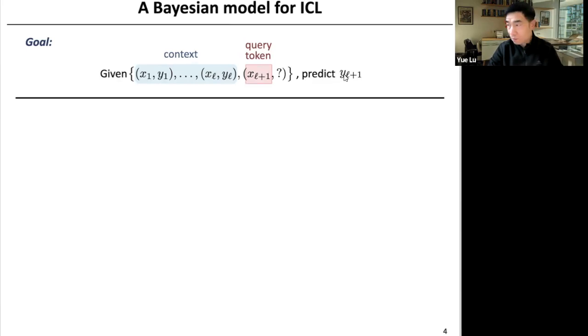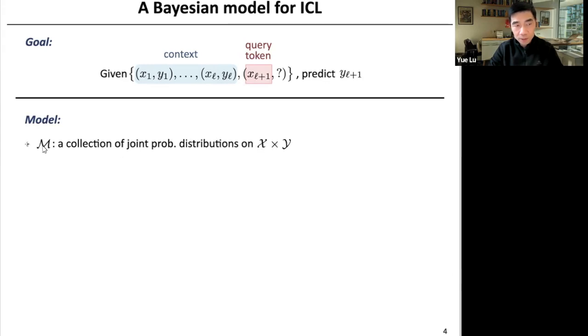Okay, and the statistical model that we assume is the following. We assume that the xi, yi, the input and output pairs, are sampled from a joint probability distribution on a space of input and output, x cross y. But we do not consider only a single joint probability distribution. We assume there's a collection of joint probability distributions on x and y.